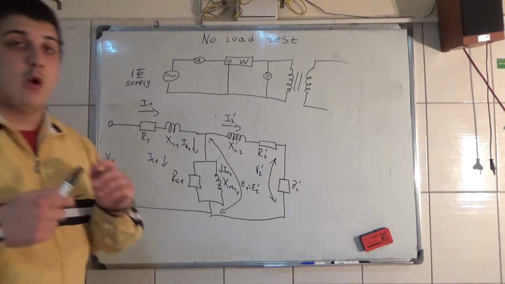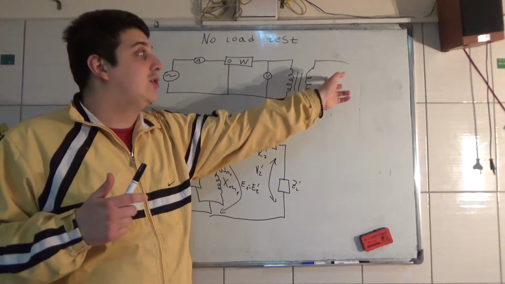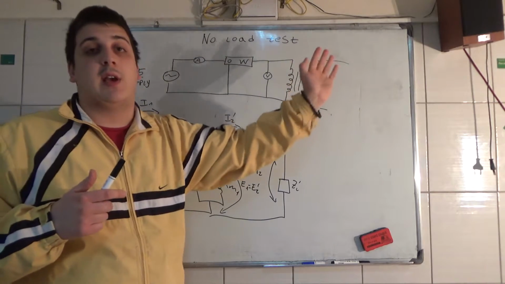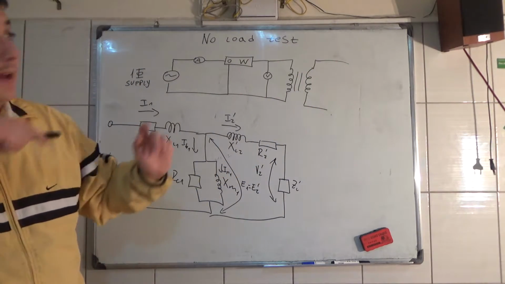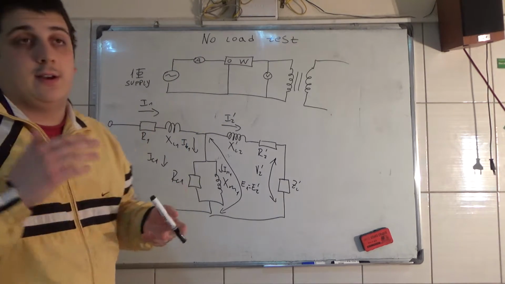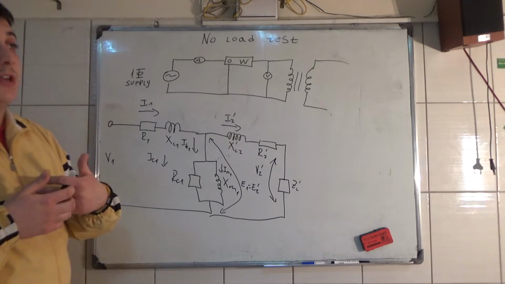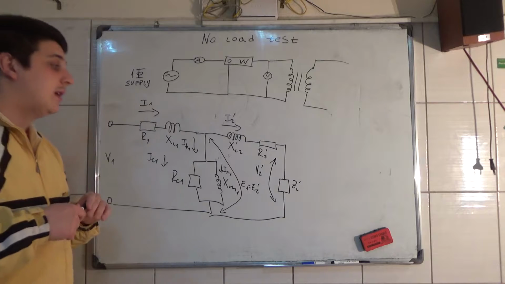Why? Because in an open circuit we don't have a current that is going to flow in the secondary now, or in the primary. It also depends on which side you do this no-load test on.